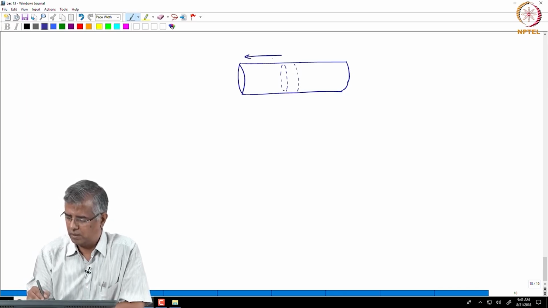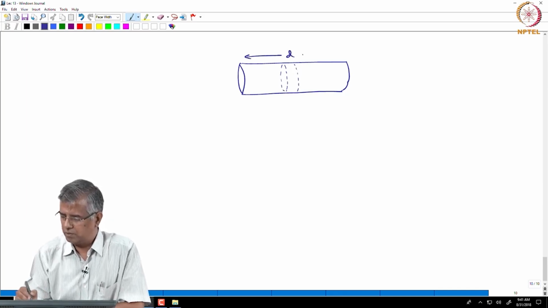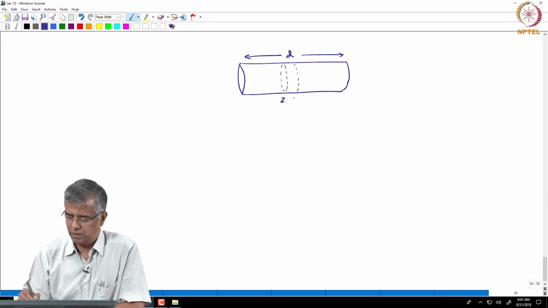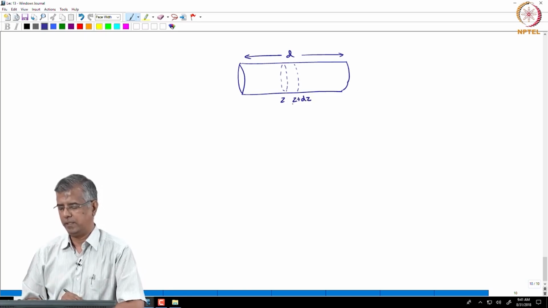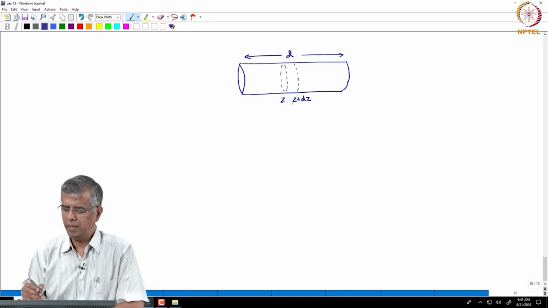So, the overall length of this gain medium is d, but I am considering a slice between z and z plus dz, okay.